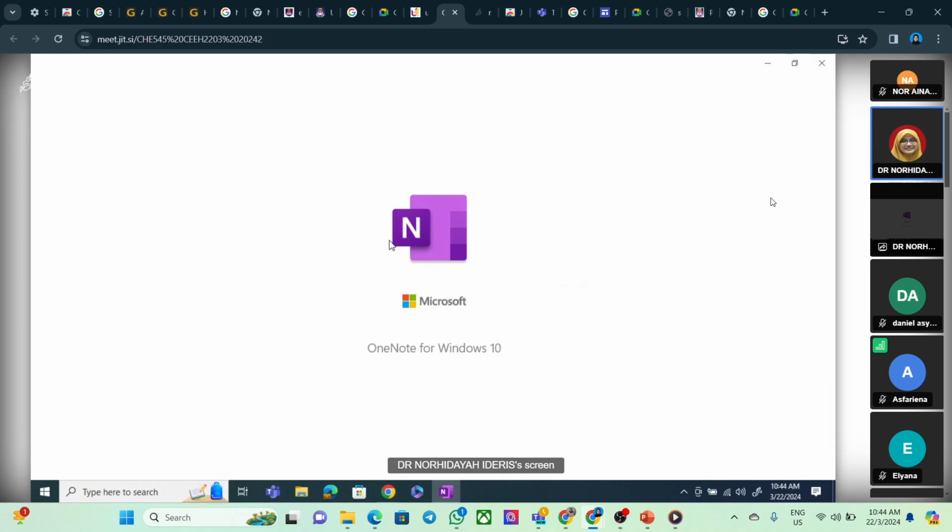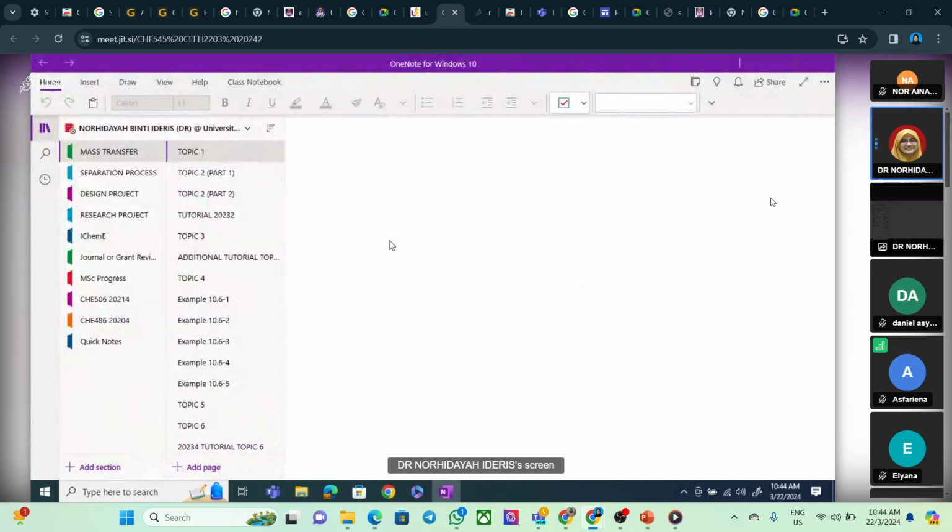Maksudnya kalau kamu gunakan nilai R berbeza, unit berbeza, tapi kalau betul it boleh cancel out. Okay, semua akan dapat jawapan akhir yang sama, unit yang sama, which is kilogram mole per S dot M square. And please take note K mole sama dengan kilogram mole. Okay, kilogram mole adalah mole dan bukan kilogram.